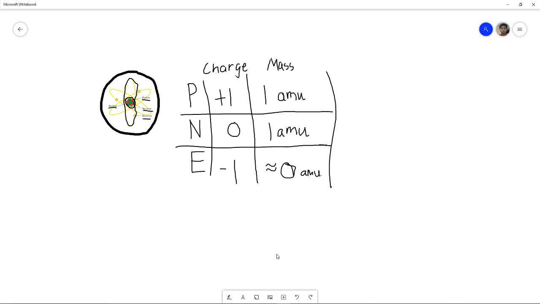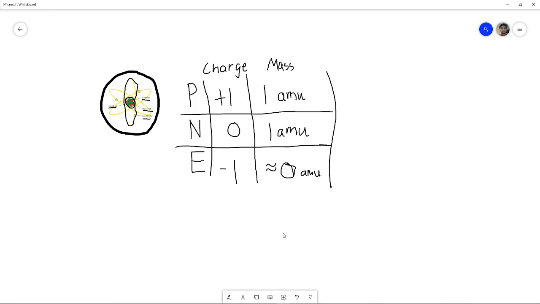So before we talk about subatomic particles, we need to know what an atom is. An atom is the smallest unit of anything that retains its unique properties. And you might be wondering, well, there are subatomic particles, so obviously that can't be the smallest unit.